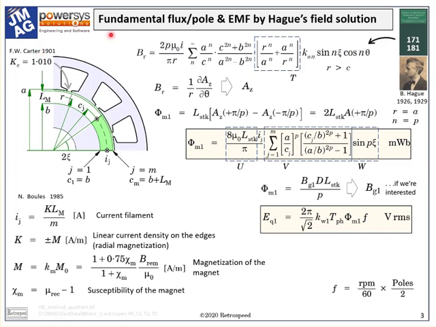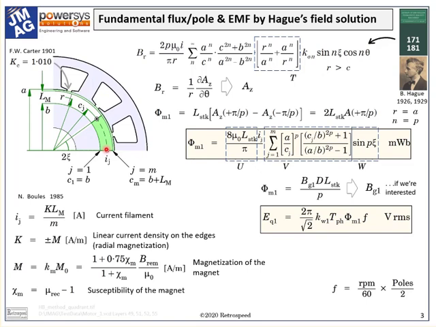Now, Haig's formula is for a pair of filamentary conductors at the radius C, carrying currents I and minus I. What Boulez did was to use Stokes' theorem to convert the volume magnetization vector of the magnet into a distribution of current on the surfaces or the edges of the magnet.